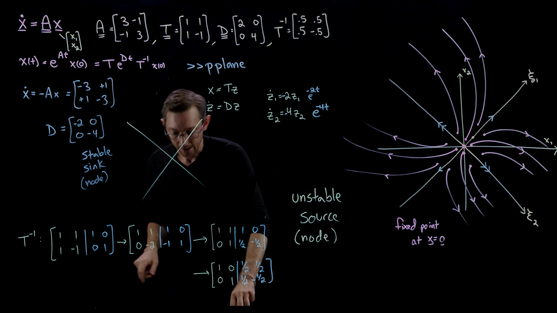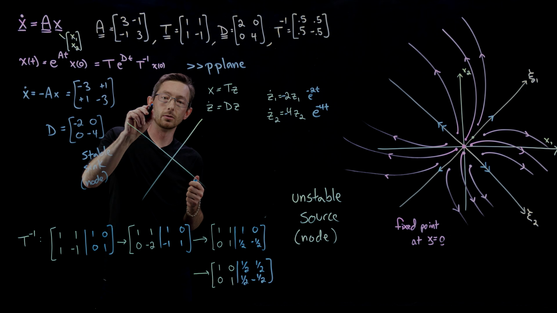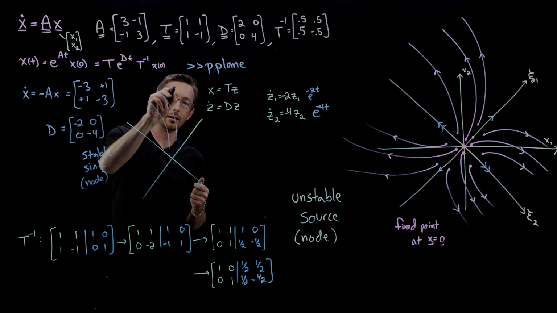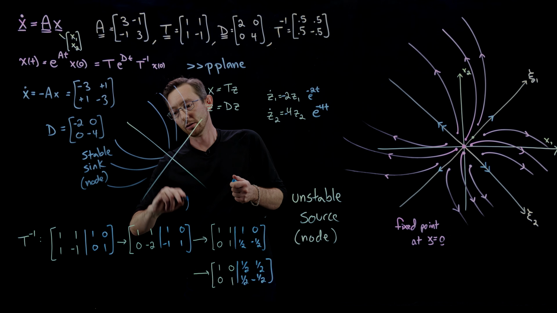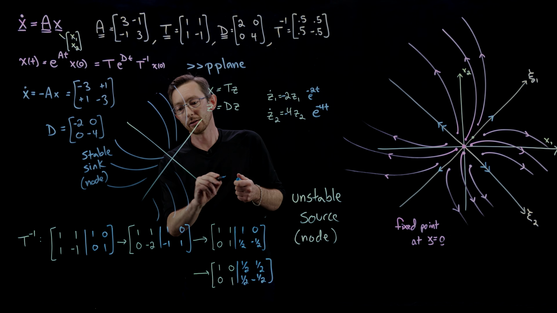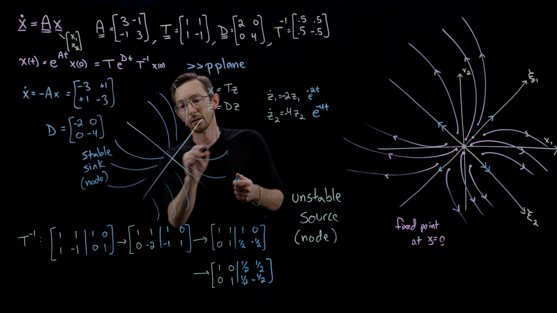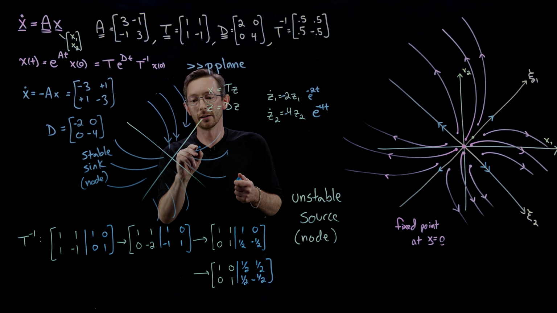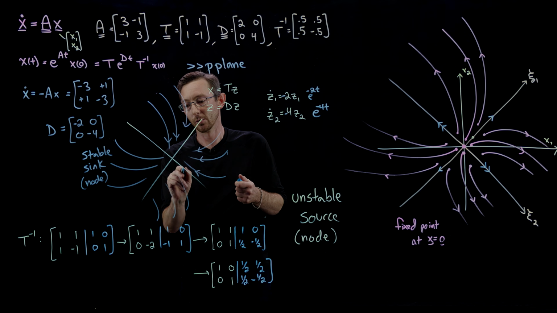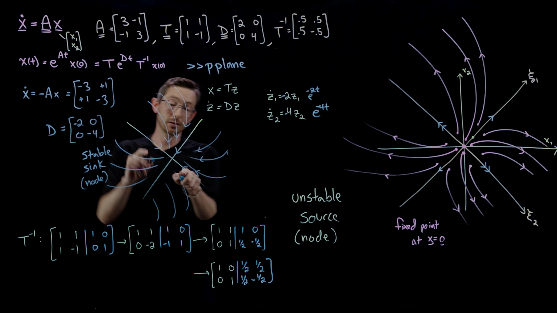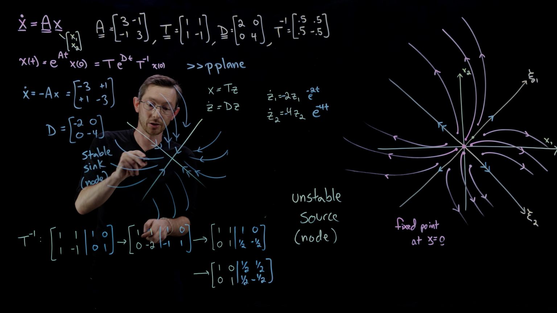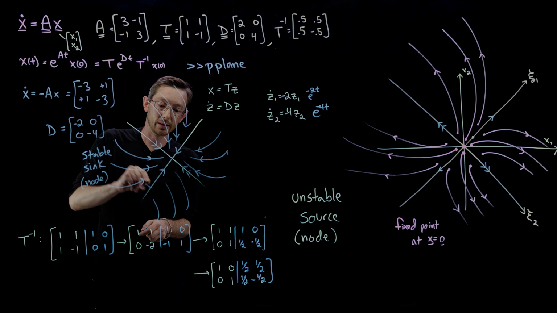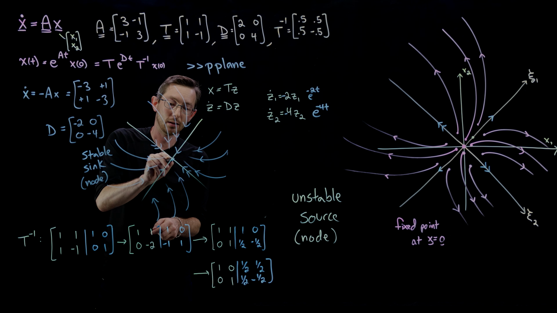It's going to have exactly the same pattern of approach, but now all of these arrows are going to be pointing in towards the origin. And still in the z2 direction, they're pointing in faster than the z1 direction, but everything is eventually going to be pulled into the origin.